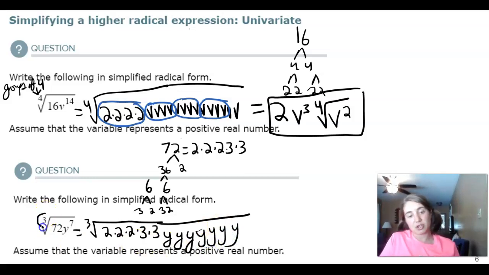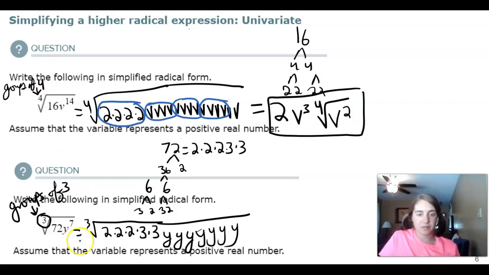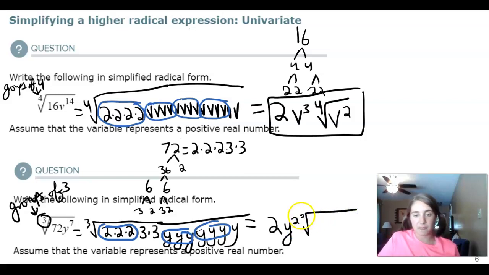It's asking for the cube root, so I need groups of 3. Anything that is the same value, I'm going to put in groups of 3. What's able to come outside of the radical is a 2 and 2 y's, and then a 3 times 3, or a 9 y, remains on the inside.